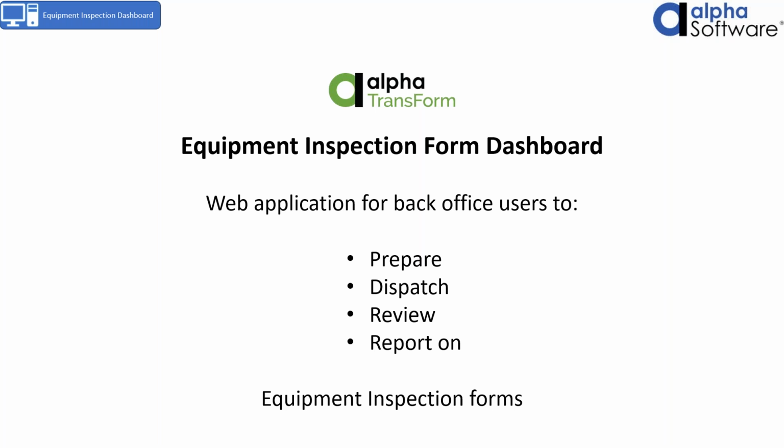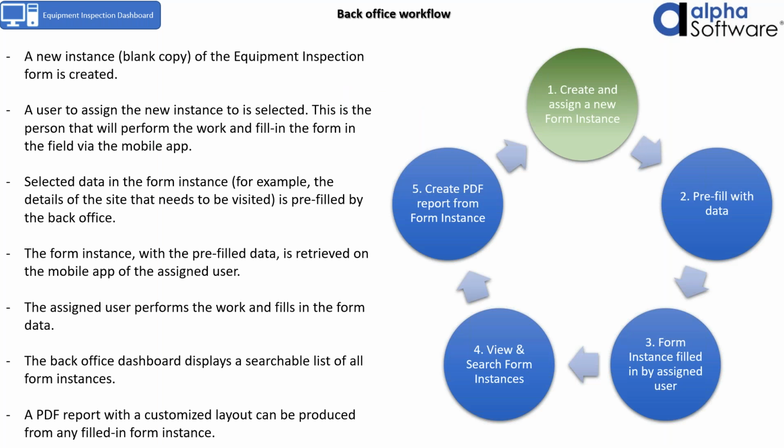And back office, in the general sense, may mean several different things, but the general categories under which that might fall is really how do you prepare an equipment inspection form, how do you actually dispatch it, how do you review it, and how do you report on it. So probably a very basic cycle that we would want to go through with any equipment inspection dispatch scenario.